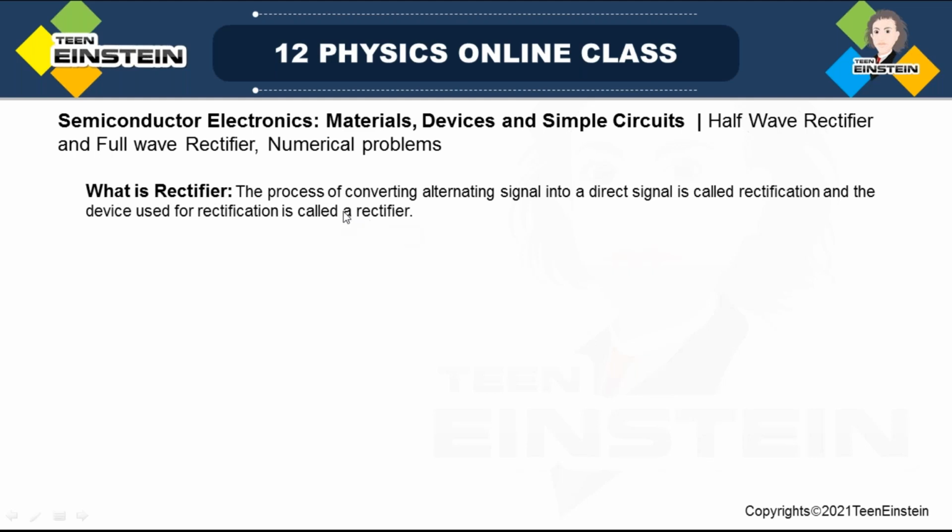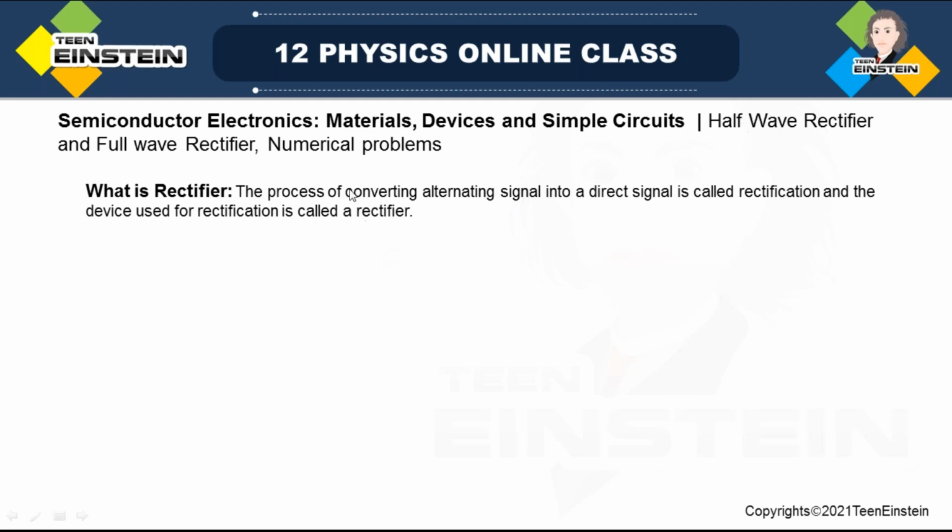So the process of converting alternating signal into a direct signal is called rectification. So what is rectification? Rectification means the process of converting alternating signal, meaning it can be current or voltage, into a direct signal.